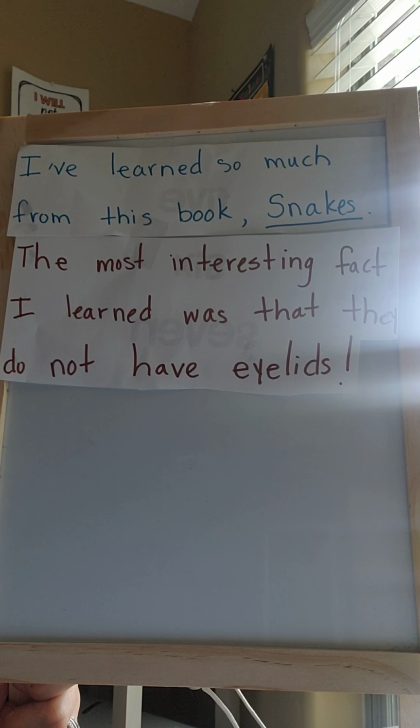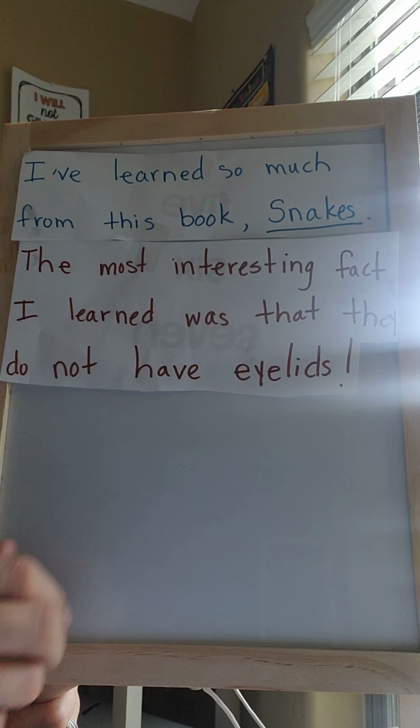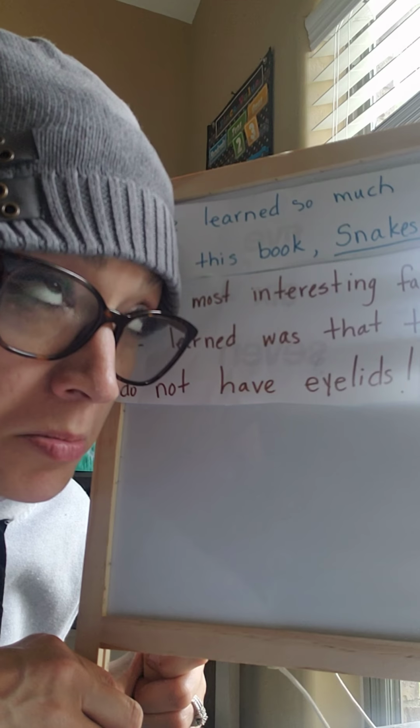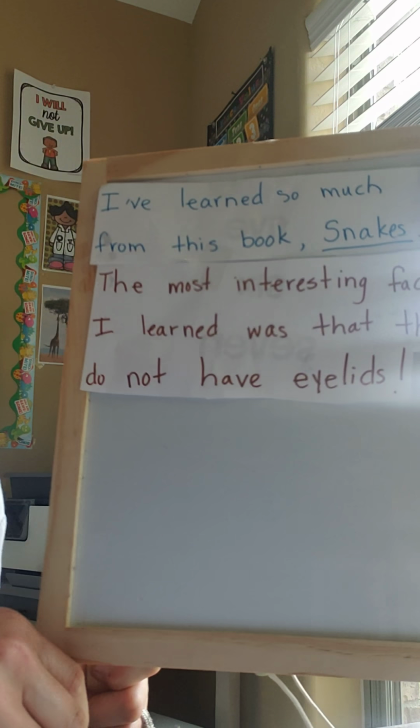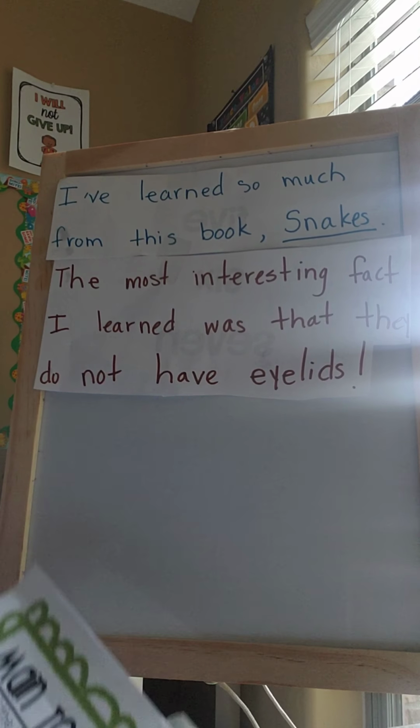So we have the most interesting fact I learned was that they do not have eyelids. Snakes don't have eyelids, remember that? That is the next detail that I have.